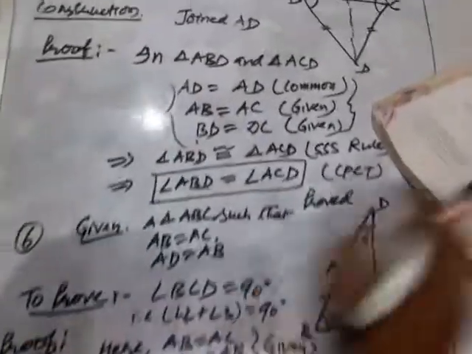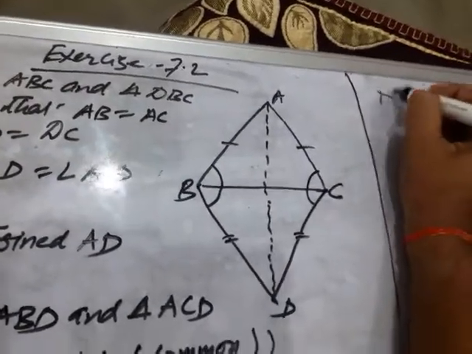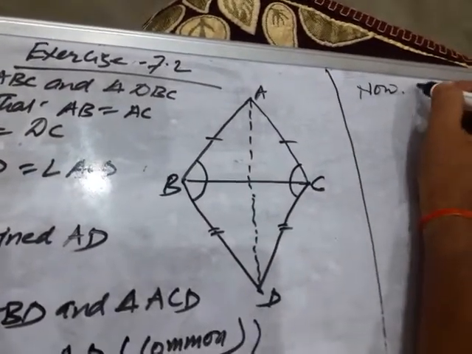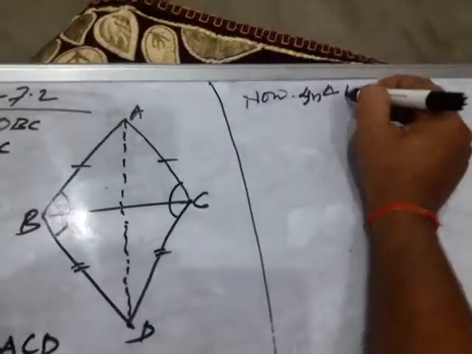Okay children, now let us move to the next part. Now in triangle ABC, what do we have?